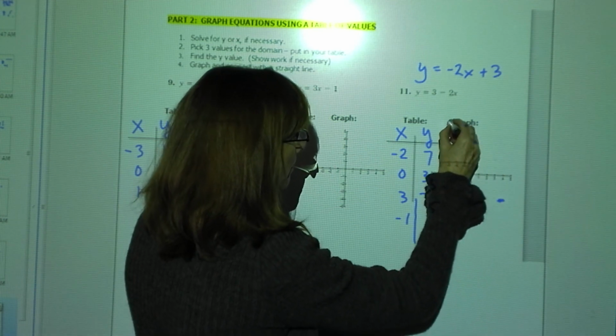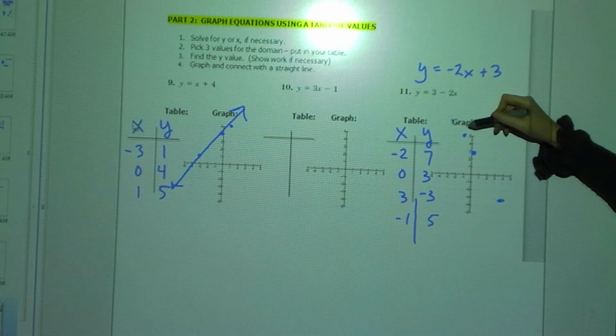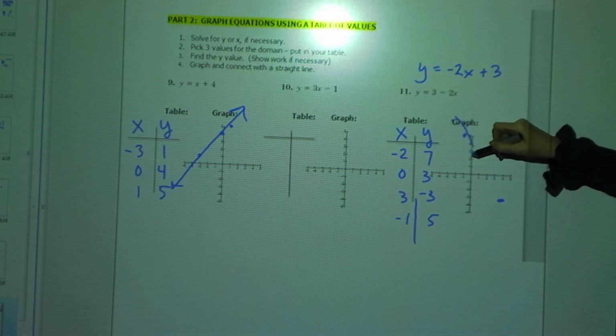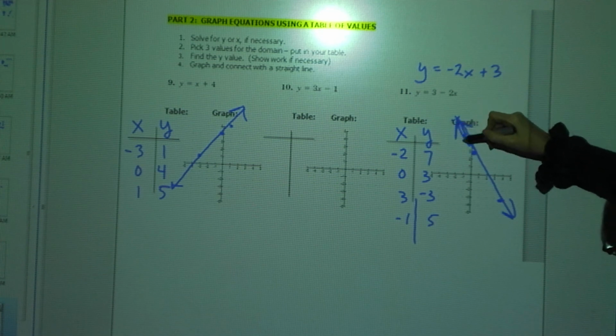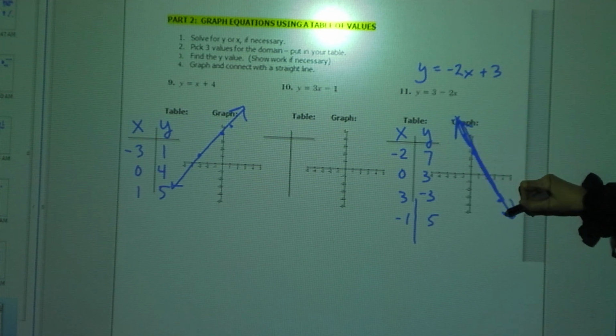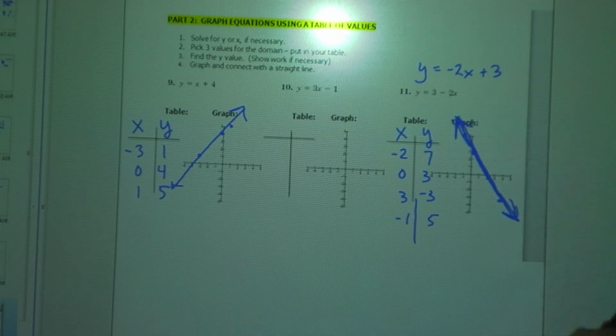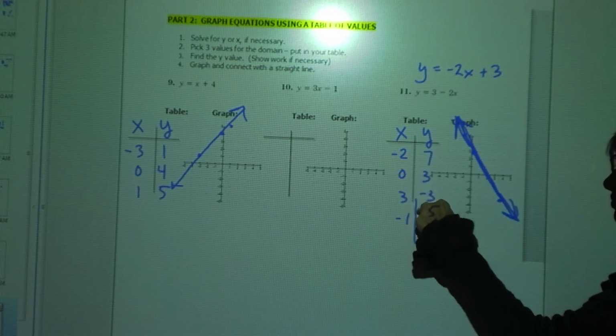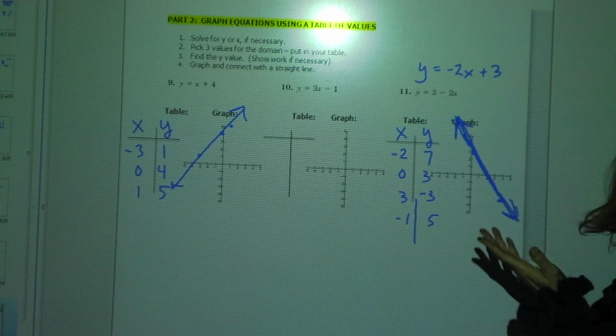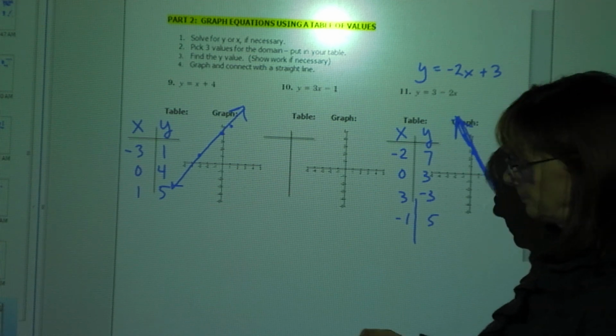Okay, so again, I'm going to connect these points with the line. Hopefully you guys can see these. Okay. So if a point doesn't fit on the graph, you can choose a different x value so that you get at least 3 points on your graph.